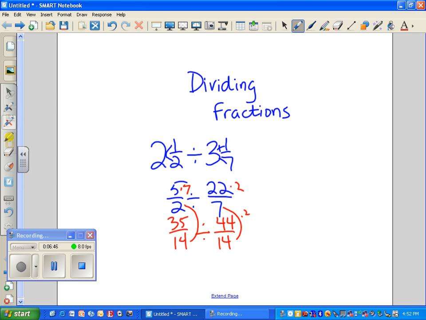So then, since my parts are the same, I end up just taking my numerators and dividing 35 divided by 44, and that actually turns out to be my answer. It is a proper fraction, so I don't need to change it to a mixed number, and it cannot be reduced.